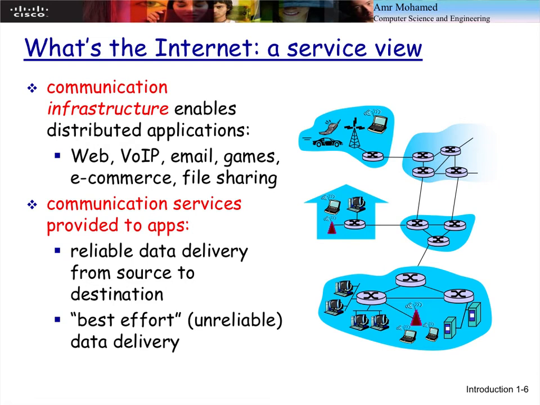From a service standpoint, which means from an application layer standpoint, okay? The internet provides different services and distributed applications like web, VoIP, voice over IP, email, games, e-commerce, file sharing, things like that. These services can have different features. For example, the application may require 100% reliability.